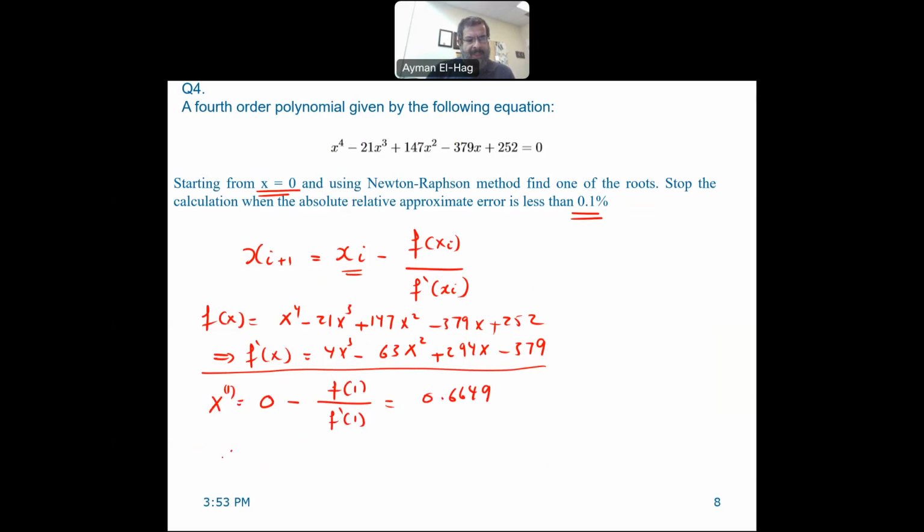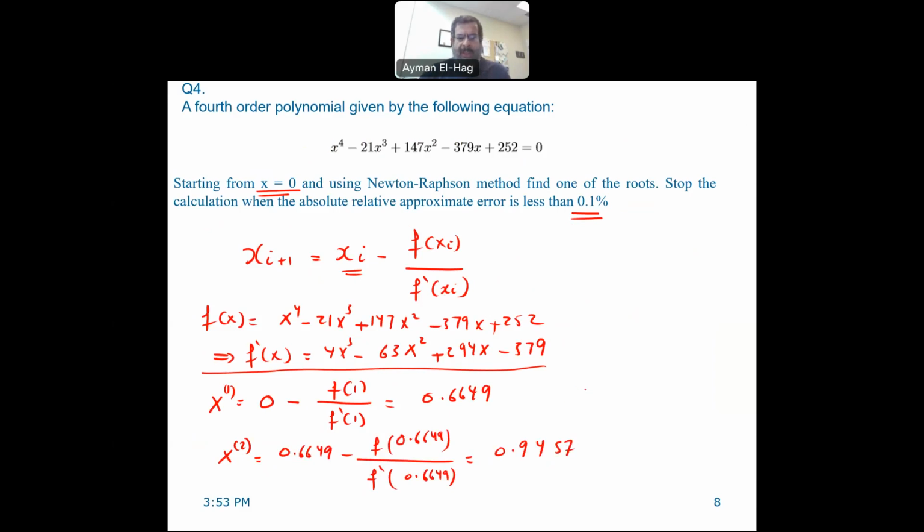Then we'll go for the second iteration, x2, which is equal to 0.6649 minus f of 0.6649 divided by the derivative of the function at 0.6649.